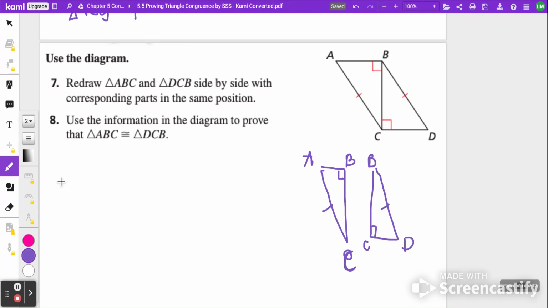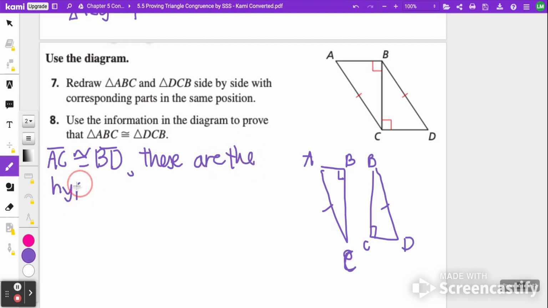So again, with statements and reasonings, we want to prove that ABC is congruent to DCB. So one thing we know is that AC is congruent to BD. These are the hypotenuse.